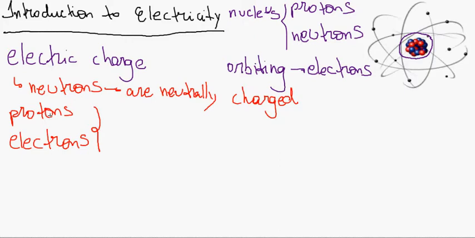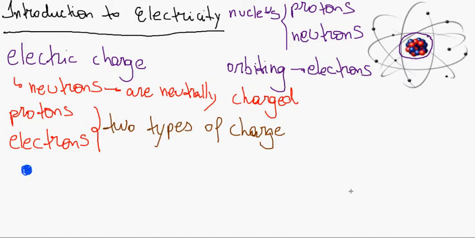And what's this charge? Well, we notice that there are two types of charge. And we have to understand the difference between these two types of charges. So let's say I'm going to represent one type in blue and one type in green.